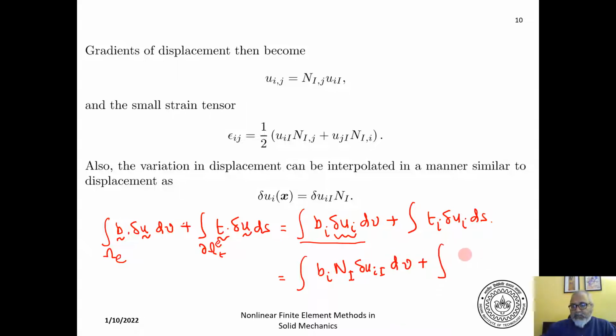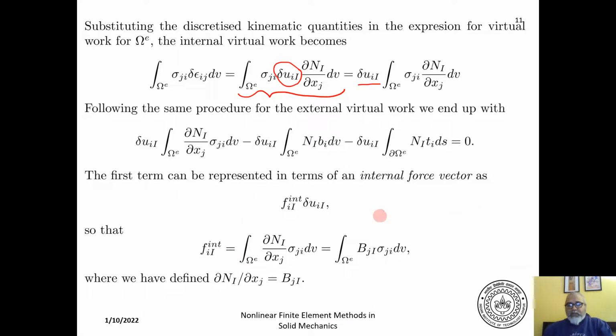Similarly, this can be replaced as ti times N capital I delta u I ds. So this is how you can do it. Again, delta u I can be taken out here. Okay, so that's what we have done here.